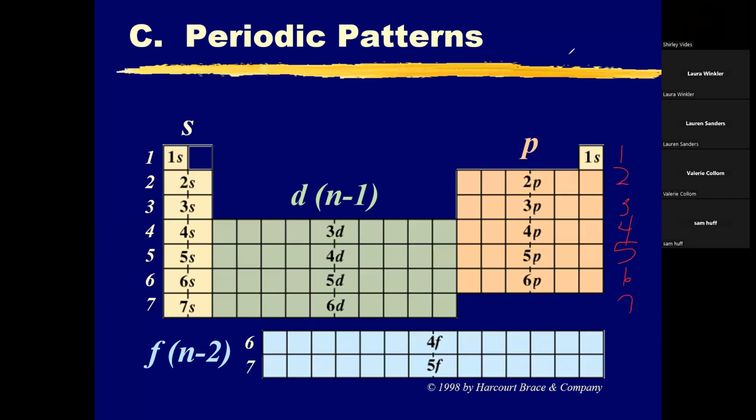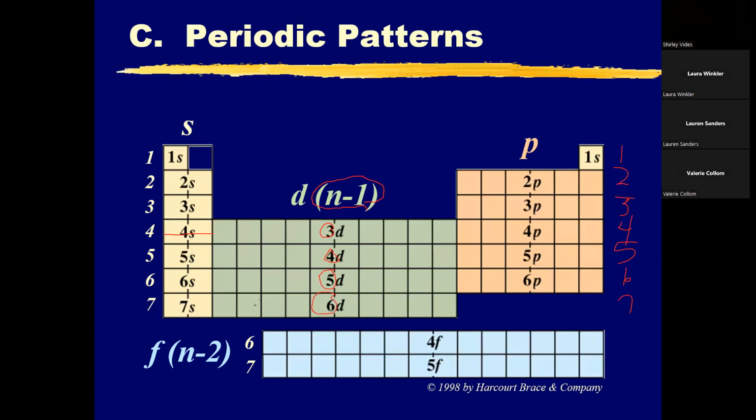The 2p's are all of these, and there it goes with the number. But you notice that this one is an N, while the D is an N-1, because we're in level 4, minus 1 is 3. Level 5 minus 1 is 4. Level 6 minus 1 is 5. Level 7 minus 1 is 6.